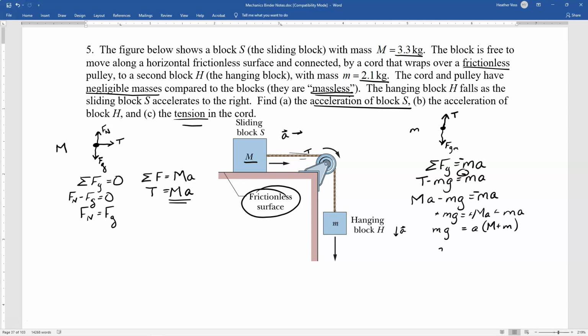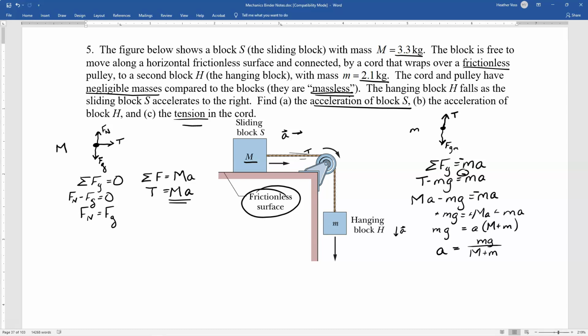So that means I can find the acceleration of the system, because quite frankly, without breaking the rope, little m and big M have to have the same magnitude of their acceleration. So that magnitude is going to be equal to little m times g over the total mass of the system.